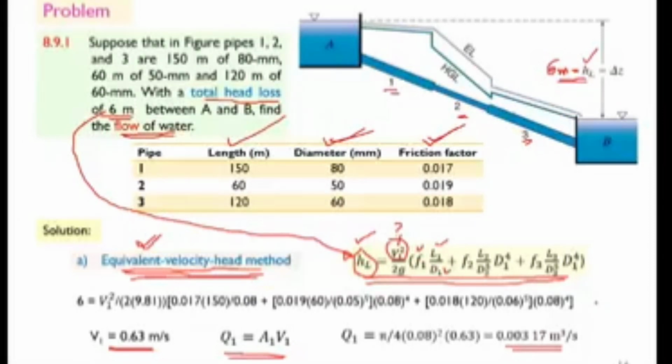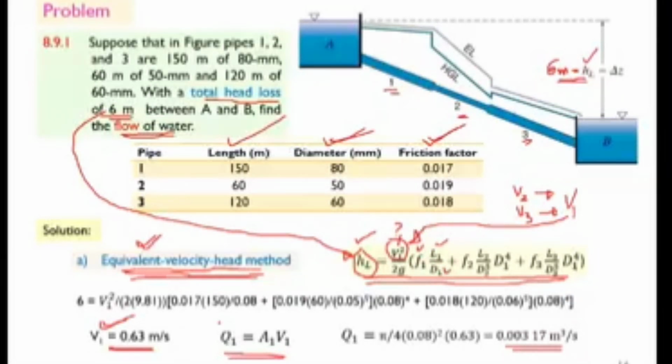Now remember that we expressed V2 and V3 in terms of V1, so V1 appears in the whole equation. That is why in the end we get V1, and we are able to calculate V1.